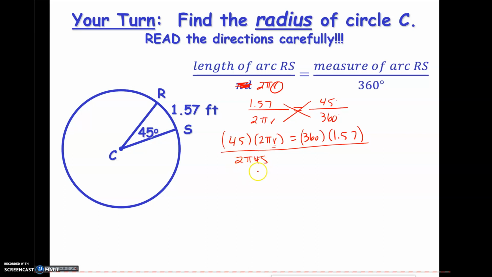Well, 2 times 45 is the same thing as 90, so I'm going to divide by 90 pi. So in your calculator, you're going to have r is equal to 360 times 1.57 divided by 90 pi. And you're going to get that your radius is approximately 2 feet.